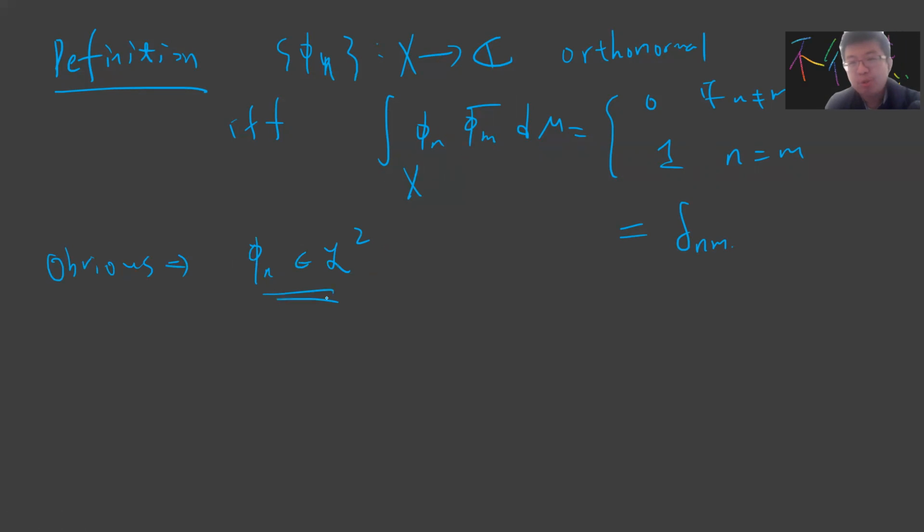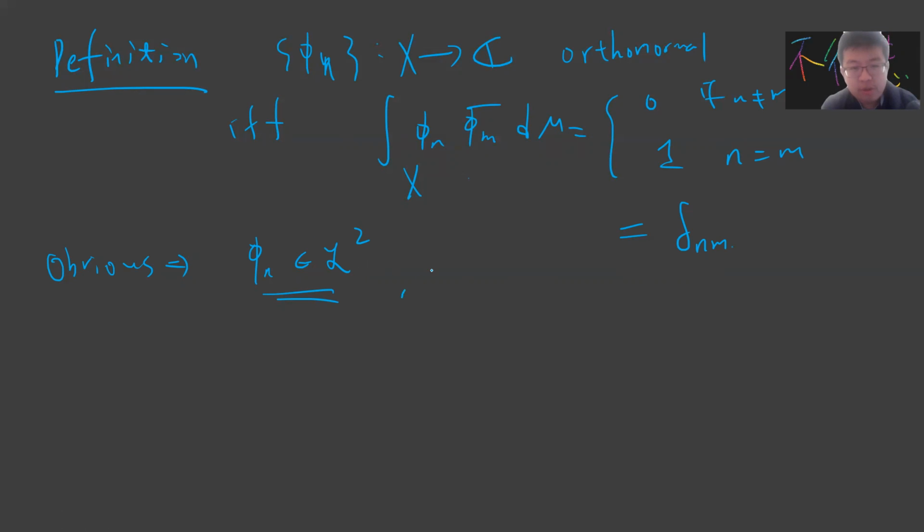Okay, so this is why L2 is so special compared to other Lp, because in L2 the orthonormal functions are already in L2. This is very strange: in infinite dimensions the orthonormal basis is suitable for L2.